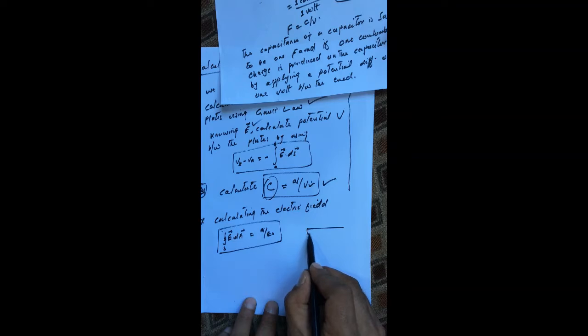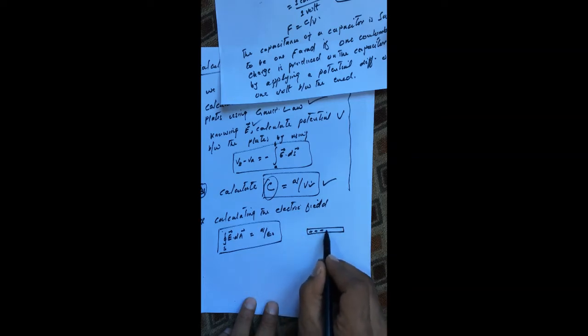Now here I will consider two parallel plates of a capacitor. Suppose we have this plate, and on this plate we have positive charges, and we have another plate, which is this one, and on this one we have negative charges. Now I will draw a Gaussian surface.